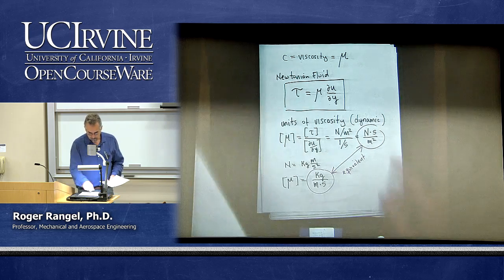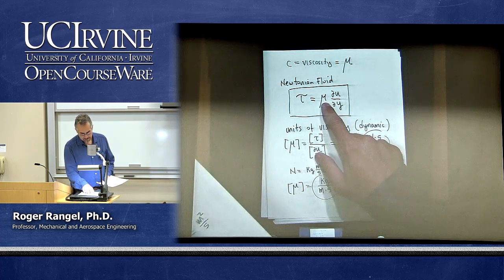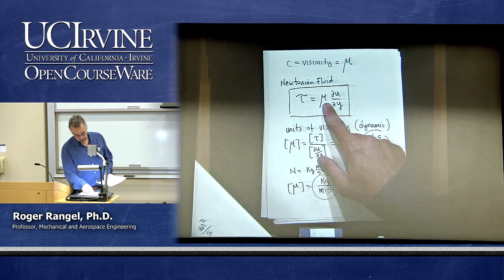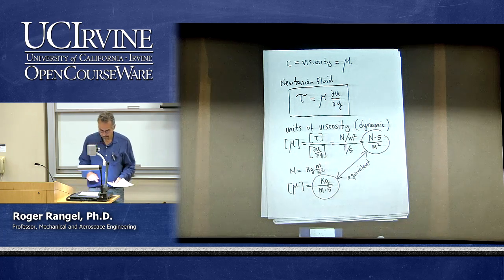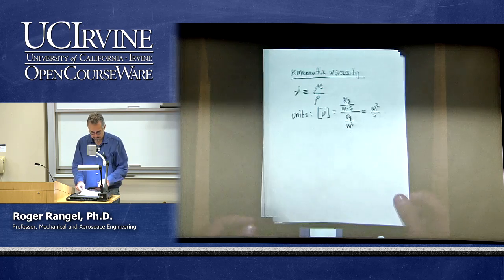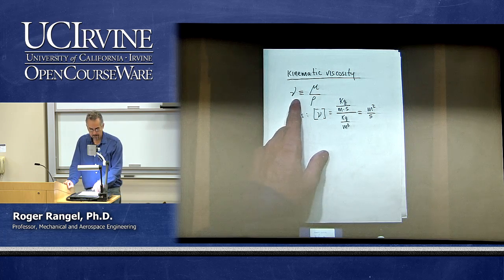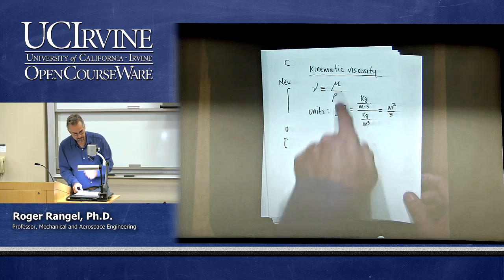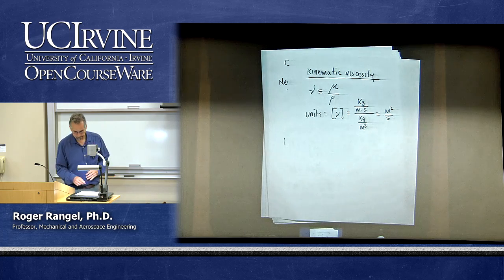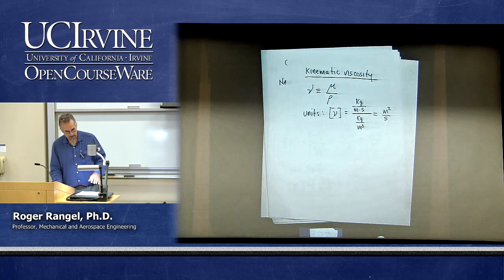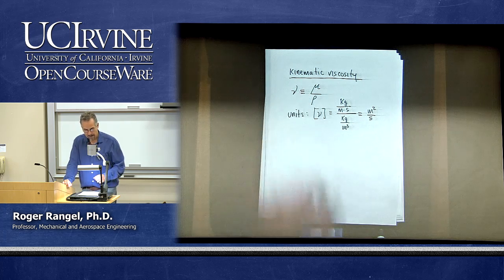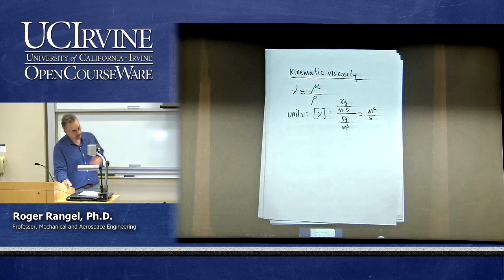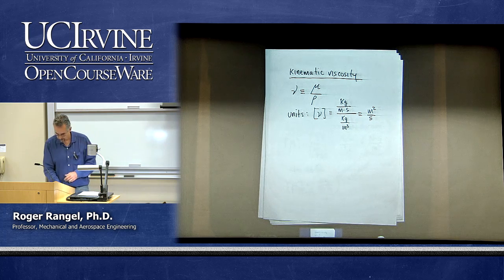But really what is important is to know that the dynamic viscosity is the constant of proportionality between the stress and the strain rate, and the kinematic viscosity is just the ratio of that dynamic viscosity to the density of the fluid. In many problems, you end up dividing the dynamic viscosity by the density. Therefore, the kinematic viscosity becomes an important quantity.